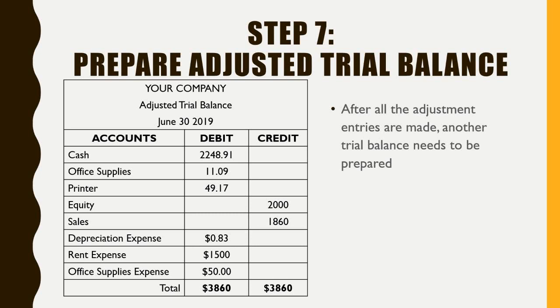I have 2 extra accounts in here for my depreciation expense and my office supplies expense for the 83 cents and for the $50. So in this case, it's just a matter of whether I transferred the amounts correctly when I did my adjustment. So my numbers still match at 380.60, 380.60.